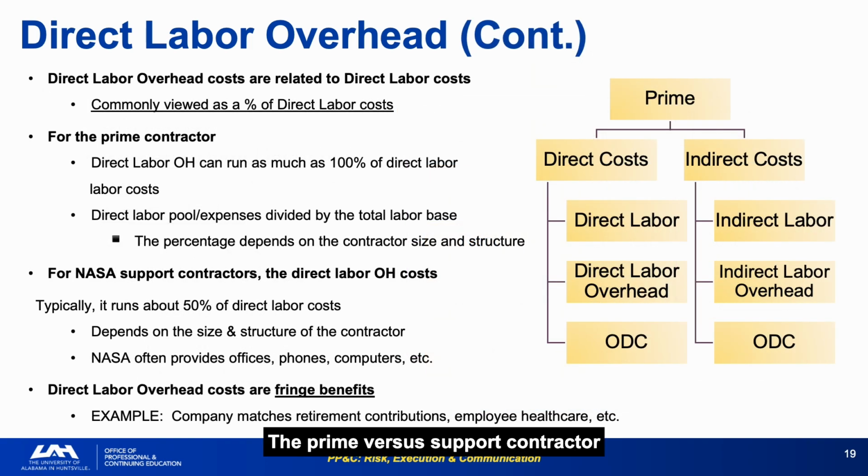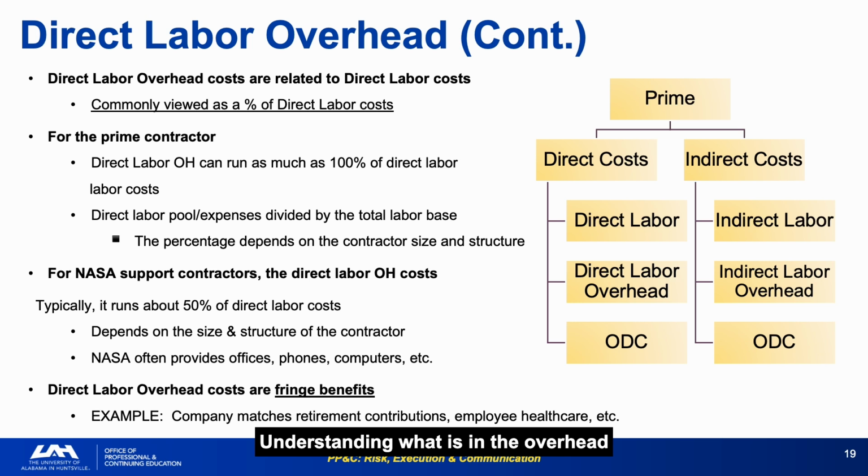The prime versus support contractor distinction matters here. Prime contractors carry their full facility and benefits burden, while on-site support contractors have much of that covered by the government's infrastructure. Healthcare costs and retirement contribution growth have been significant overhead drivers over the past decade. A contractor with generous benefits can run DLOH rates that look alarming until you understand what is inside them.